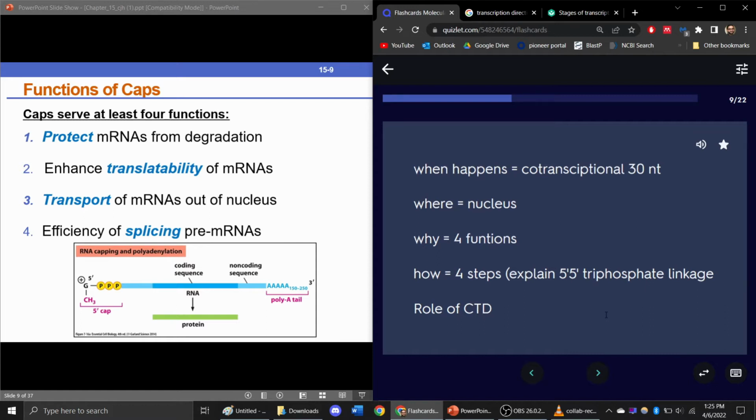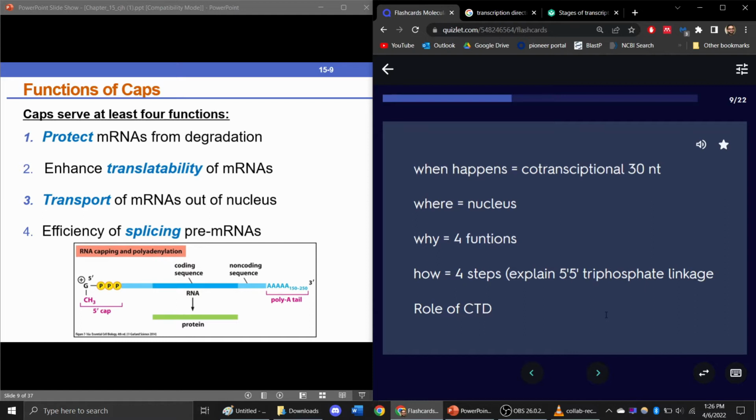So know when it's happening: when the first 30 nucleotides are jutting out of the polymerase on the 5' end of the RNA. Know where it's happening: this is in the nucleus, and it's happening at the same time as transcription. Why it's happening: those 4 functions that we went over, and the general idea behind each one and why.